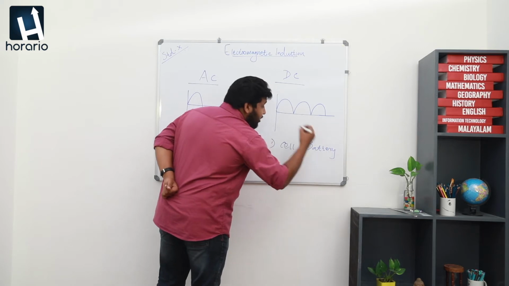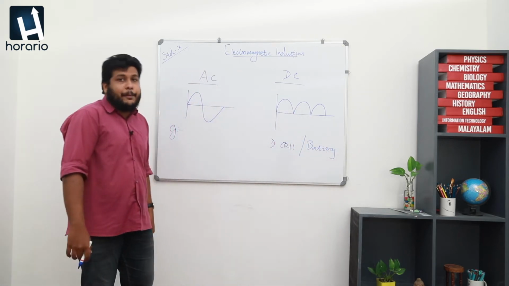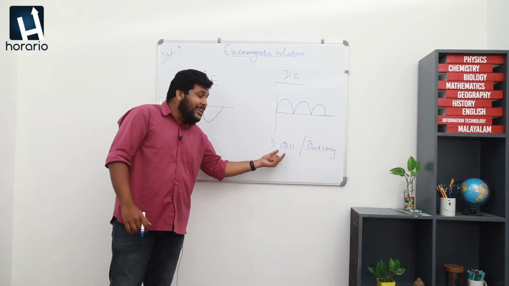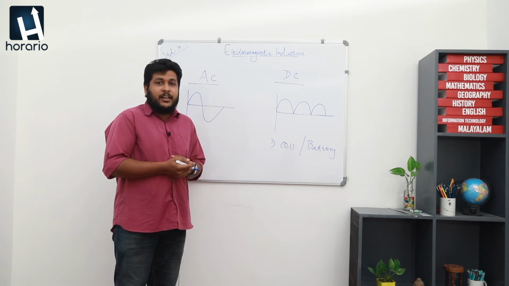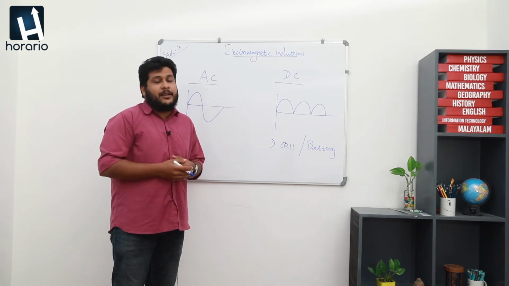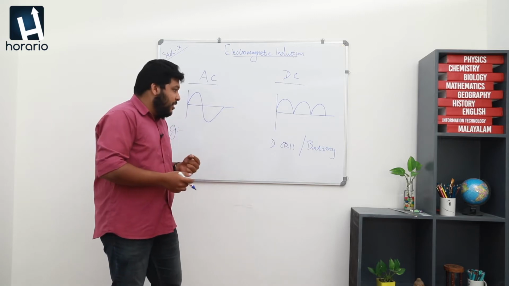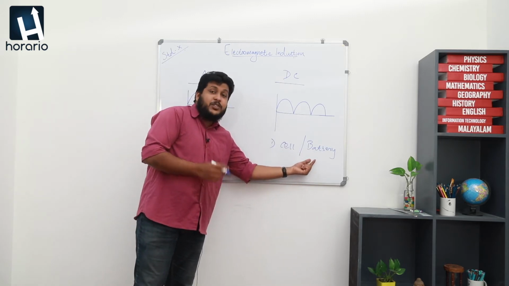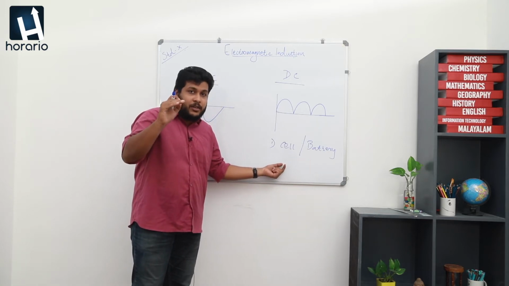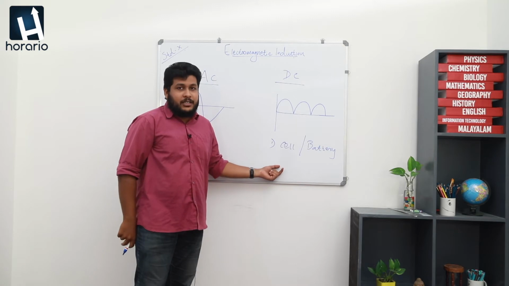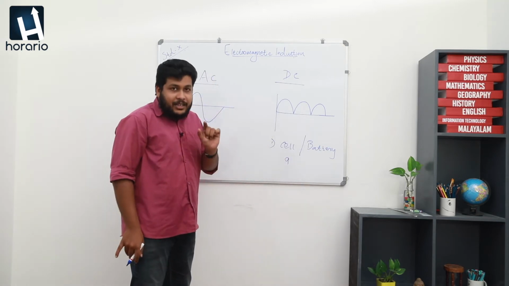You all know that in every household we are using different types of cells and batteries. What is the importance of this cell and battery? If we go to a shop to buy a battery or a cell, we will say give me a 9-volt battery, or give me a 12-volt battery, which means the cell or battery can only deliver a limited amount of voltage, according to the rated voltage of that equipment.